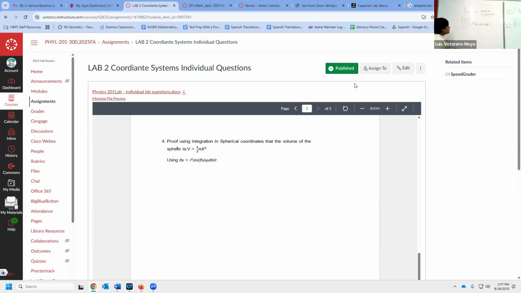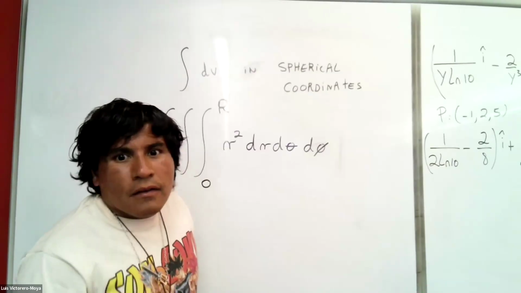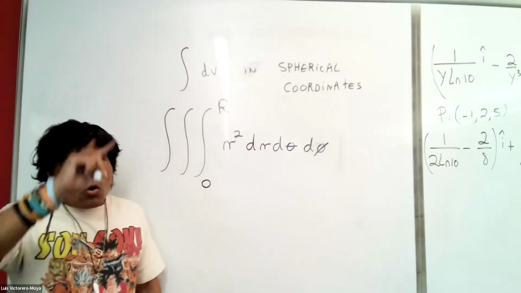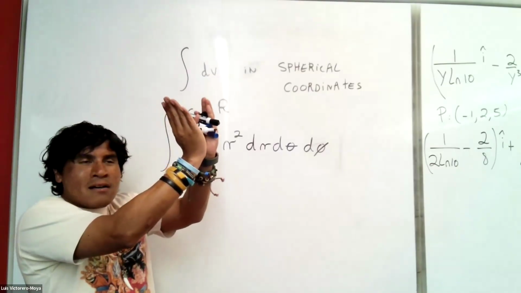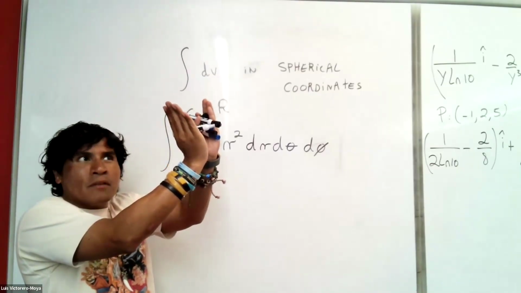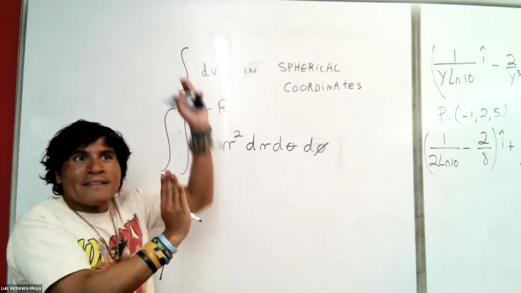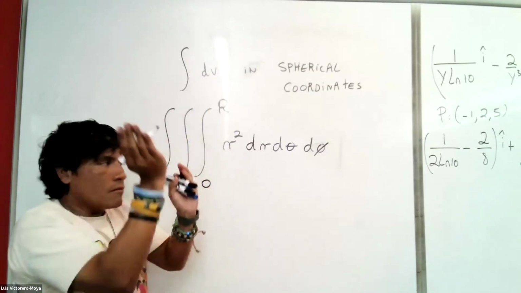So pretty much, r goes from 0 to R. And theta in the spherical coordinates goes from 0 to 180. It is the angle with respect to the z axis.